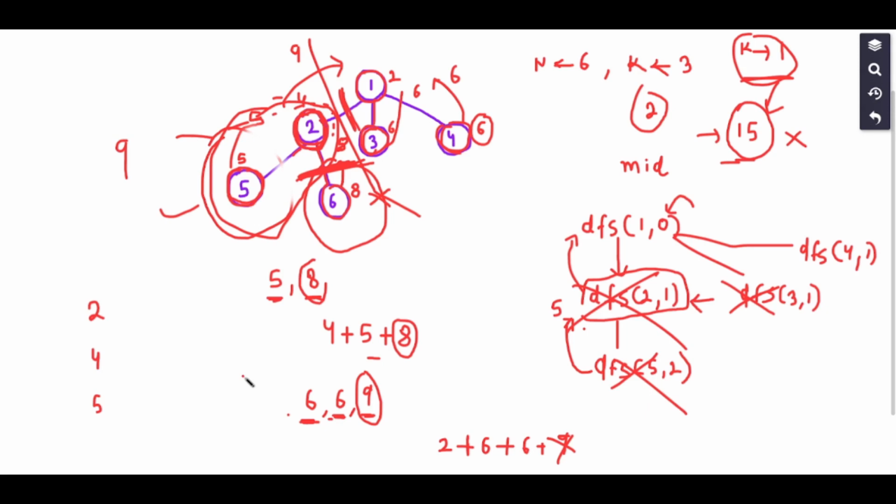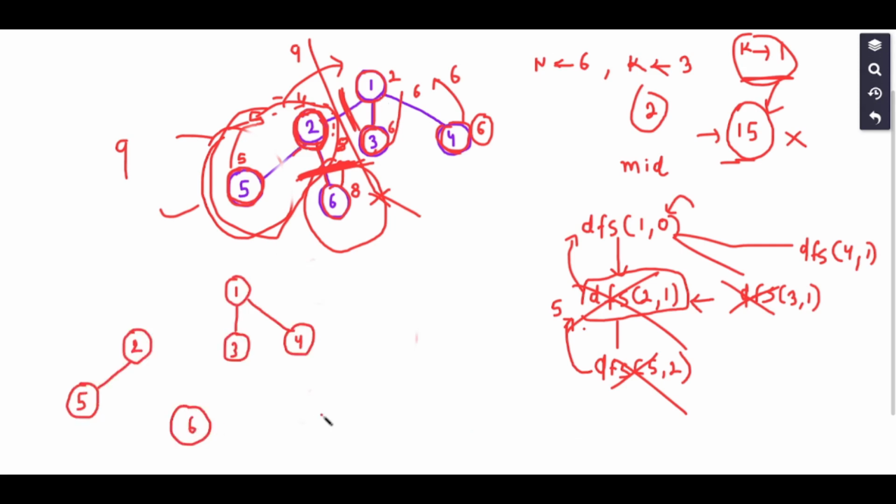So let's first check the partition that we have done. We have traversed every single node of this tree, node 1, 2, 3, 4, 5, 6, and we have made a certain partition. We have made 2 cuts, we have made 2 partitions, 2 edges we have removed. The first edge was an edge between 2 and 6, the second edge was an edge between 1 and 2. Now let's see the partitioned components. Okay, so these are the components that we have achieved.